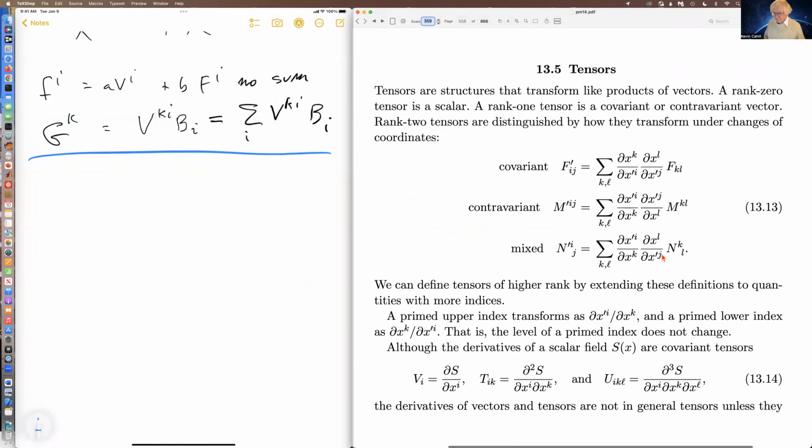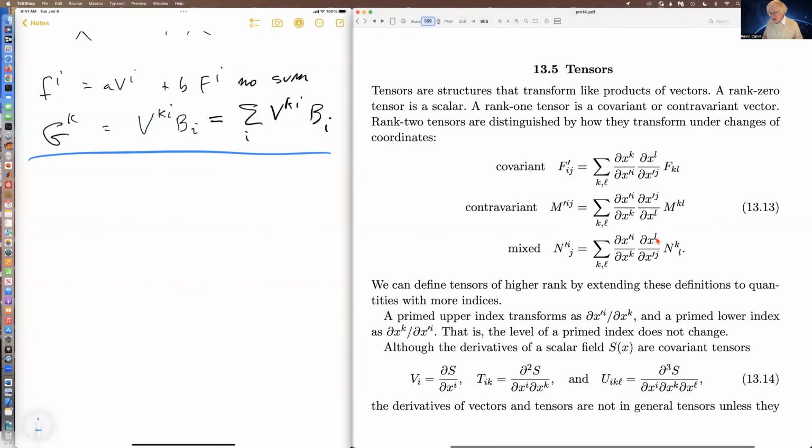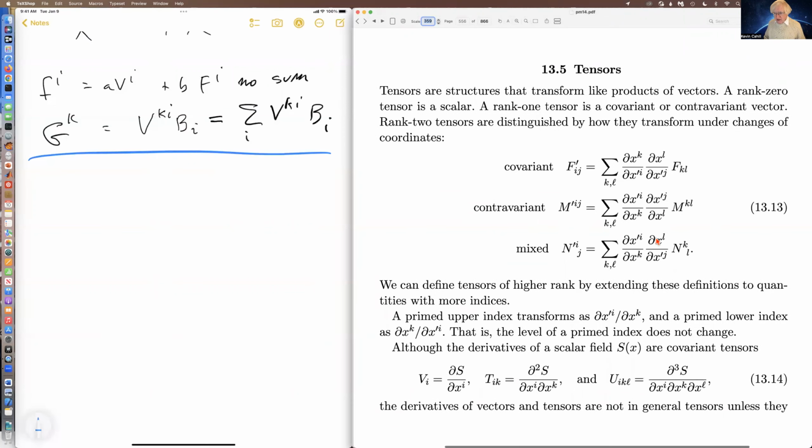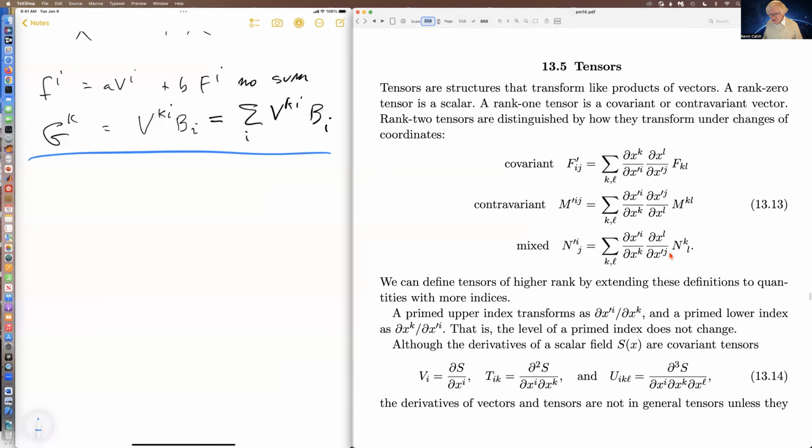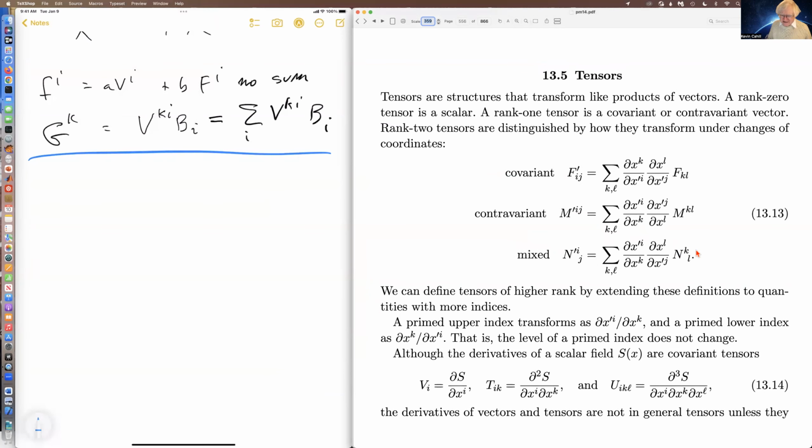They're where they have to be, and then you know that you want this one to be upper and this one to be lower because you want this thing to be a rank 2 tensor, and as a rank 2 tensor, the indices l and k are summed over in such a way that they form, in a sense, a scalar.